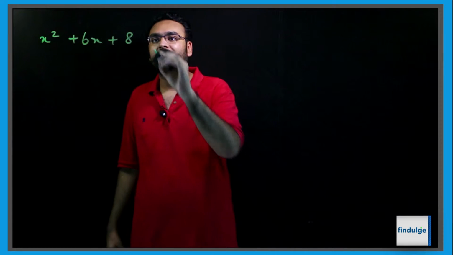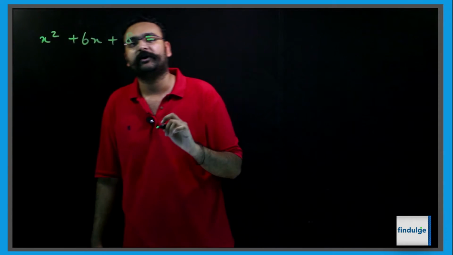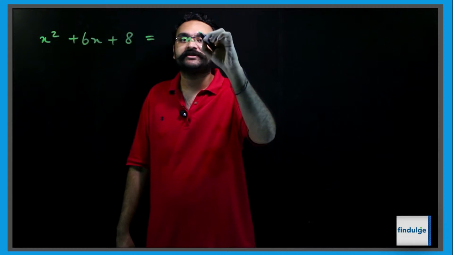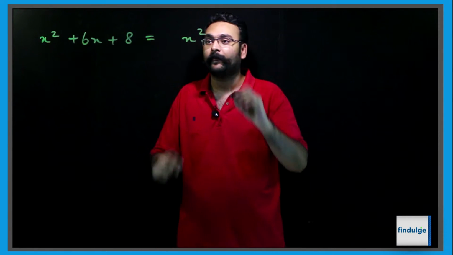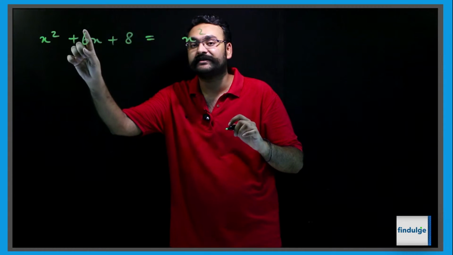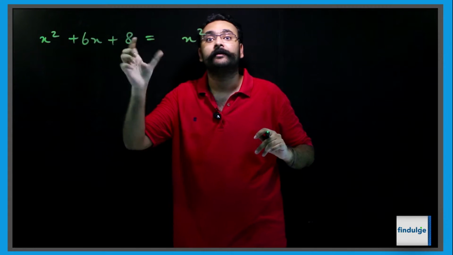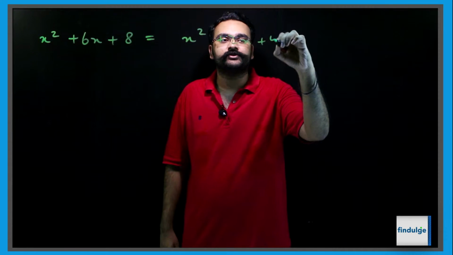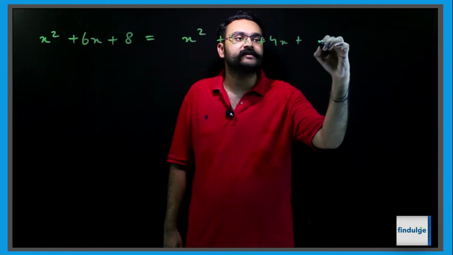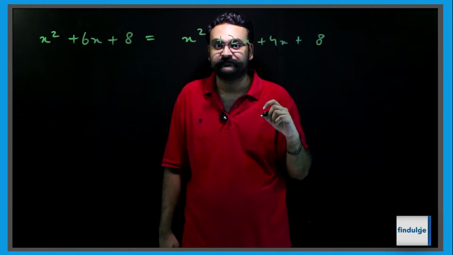So in this way, I can rewrite the equation as x square and then the 2 factors we found, 2 and 4. We will break this 6x as 2x plus 4x. x square plus 2x plus 4x plus 8.